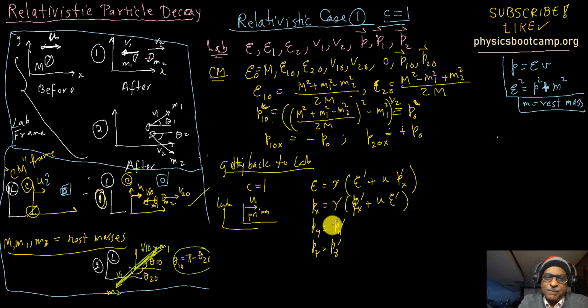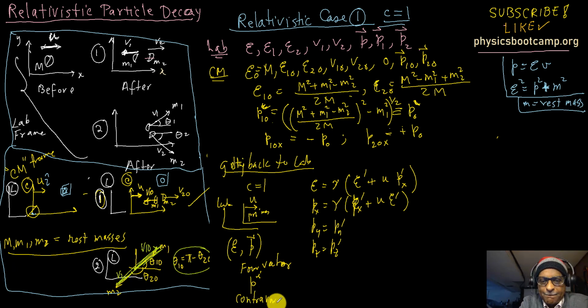That's because when c equals 1, E and P are a 4-vector, and all 4-vectors transform like this, right? So these are 4-vectors. We can say Pi, and this is the so-called contravariant 4-vector.